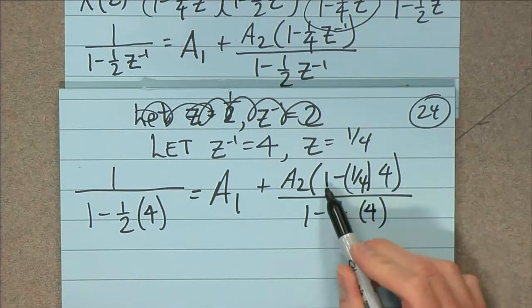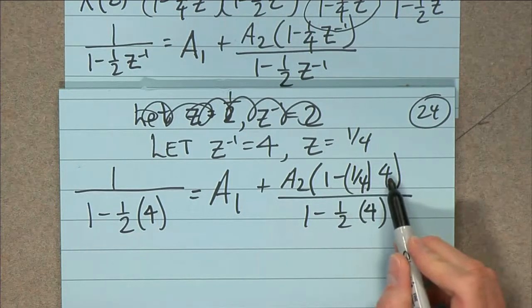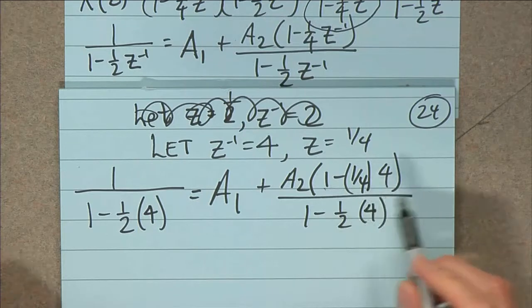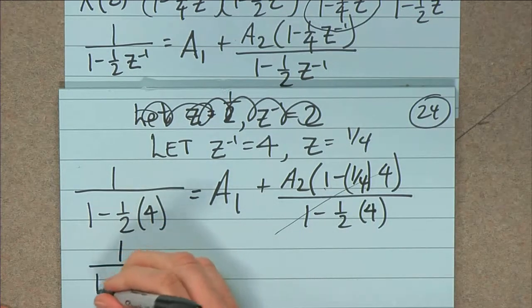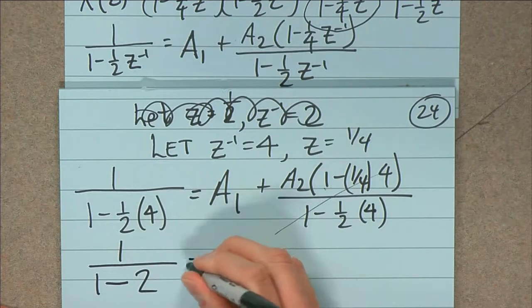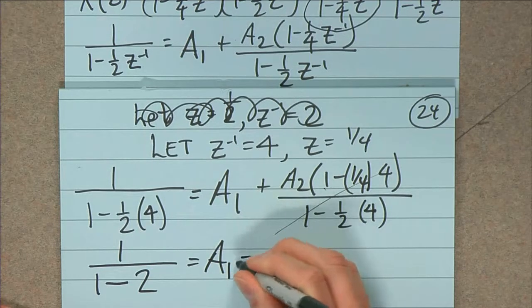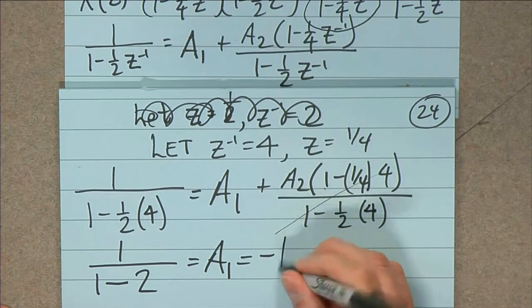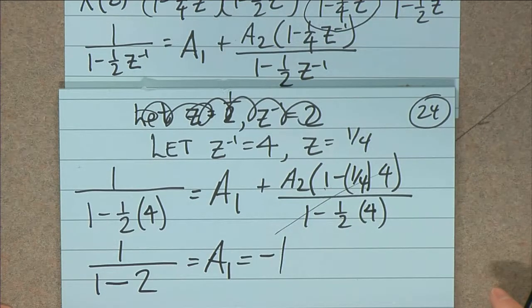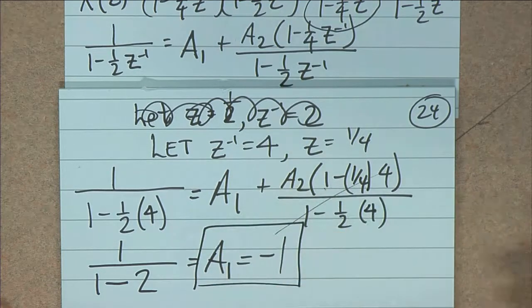And by design, 1 minus quantity 1/4 times 4 is 1, so 1 minus 1 is 0, eliminating that, which is what we wanted. So we end up with 1 over 1 minus 2 equals a1. So a1 is just 1 over 1 minus 2, which is minus 1. So there's our first term.